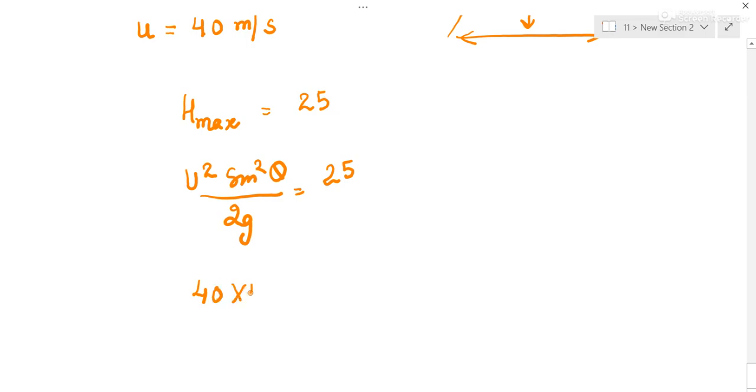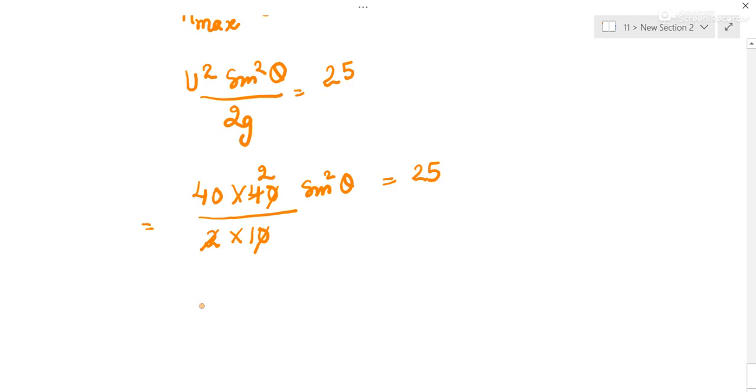So 40 square upon 2g, where g you can take as 10, into sine square theta is equal to 25. So you can cancel quantities. This implies sine square theta would be equal to 25 by 80.